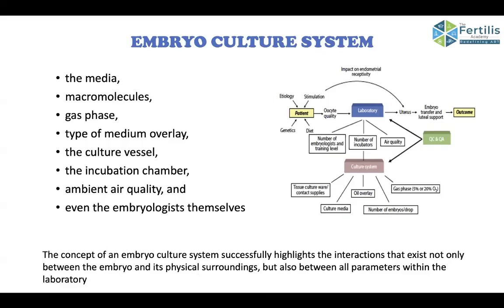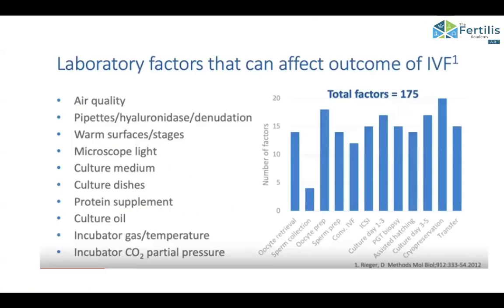So the concept of the embryo culture system highlights the interaction that exists not only between the embryo and its surroundings, but also between all the parameters in the IVF lab. These are very important words which I'm saying. You have to understand that everything in the lab interacts with each other, and you have to control each and everything in the lab.